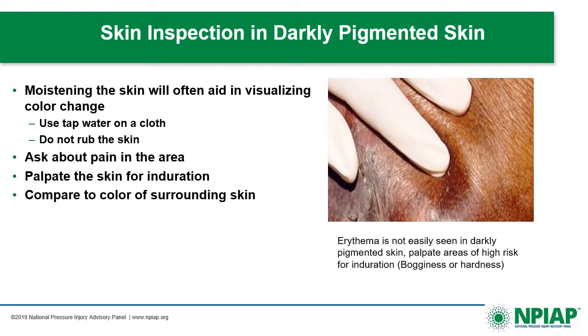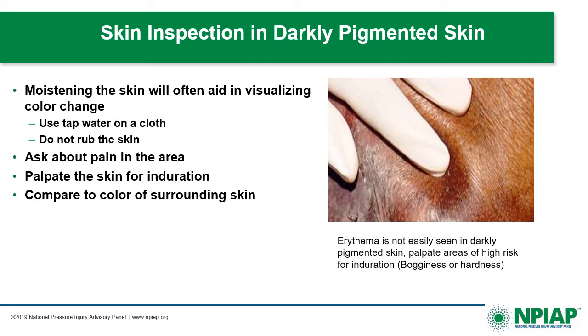Palpating, which is what's shown in the photograph on the slide: when the skin is injured from pressure, it becomes edematous, and you can feel that edema. In the heels, it feels boggy, and when you push down, they're real spongy. In other parts of the body, it may not be boggy, it may actually be harder.